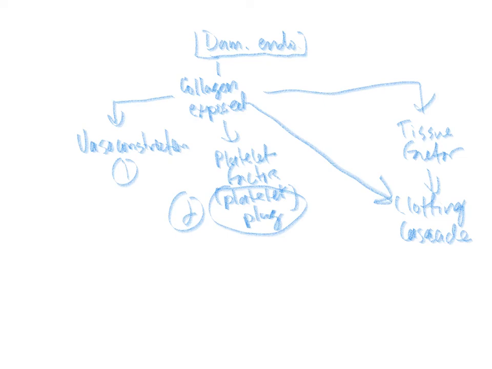The clotting cascade is going to eventually lead to formation of what we call thrombin, and we'll see this here in a minute. Thrombin is one of those enzymes. If you remember when we were talking about the renin-angiotensin system, we said renin helps convert angiotensinogen to angiotensin, so it was a converting enzyme. Well, thrombin also functions that way.